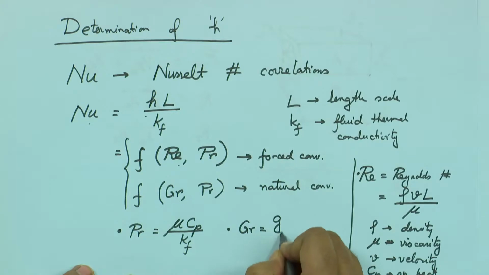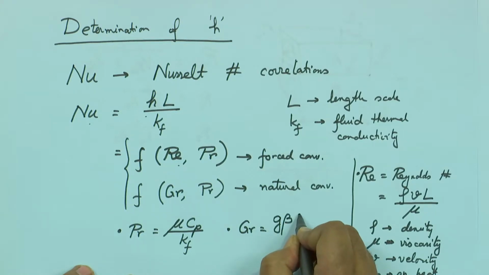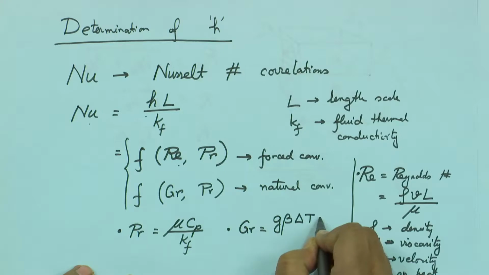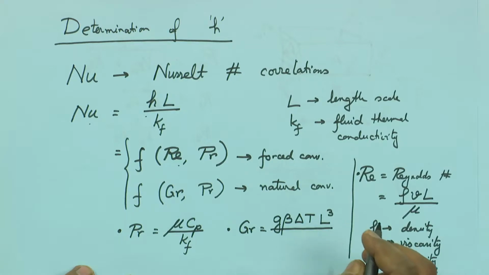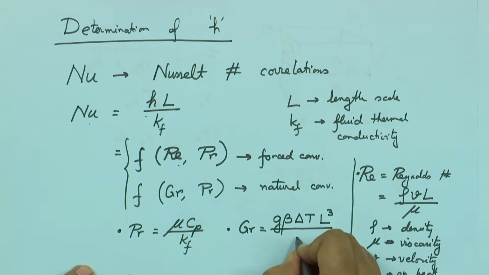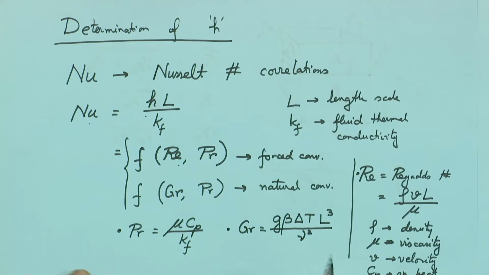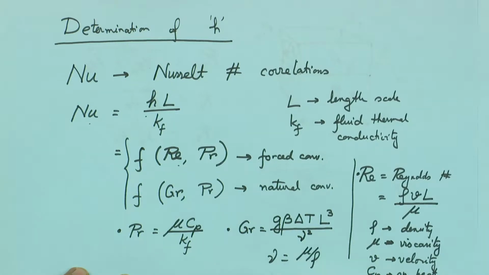So, we write it as G beta delta T L cubed over nu squared. And nu is actually mu over rho.